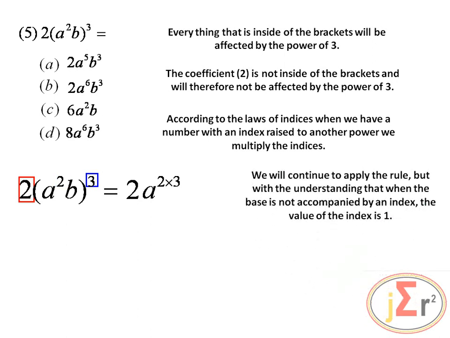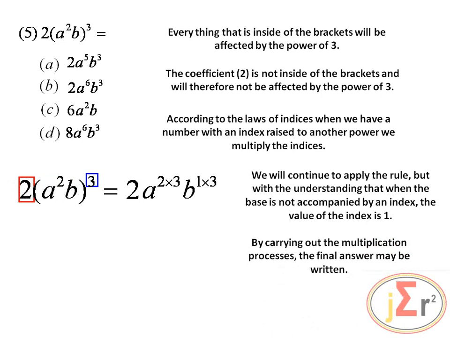We will continue to apply the rule, but with the understanding that when the base is not accompanied by an index, the value of the index is 1. The power of b is 1 because initially it was not accompanied by an index. So b to the power of 1 multiplied by 3, because when we have a power raised to another power, we multiply the indices.